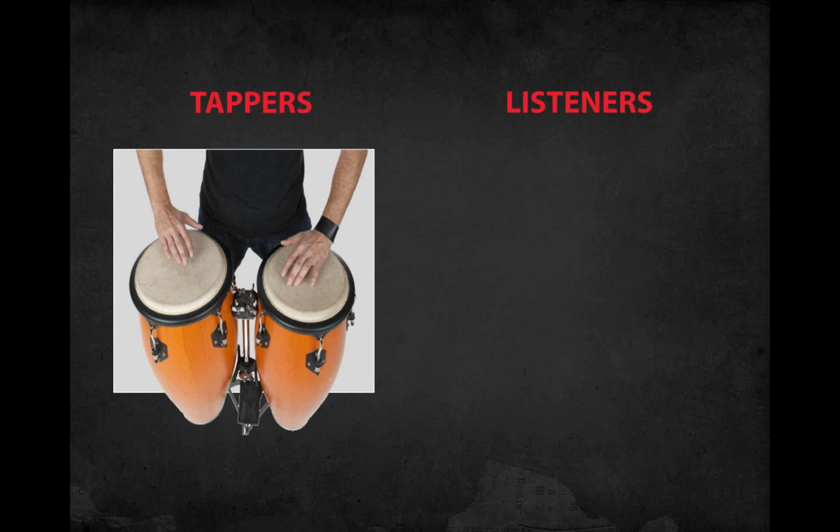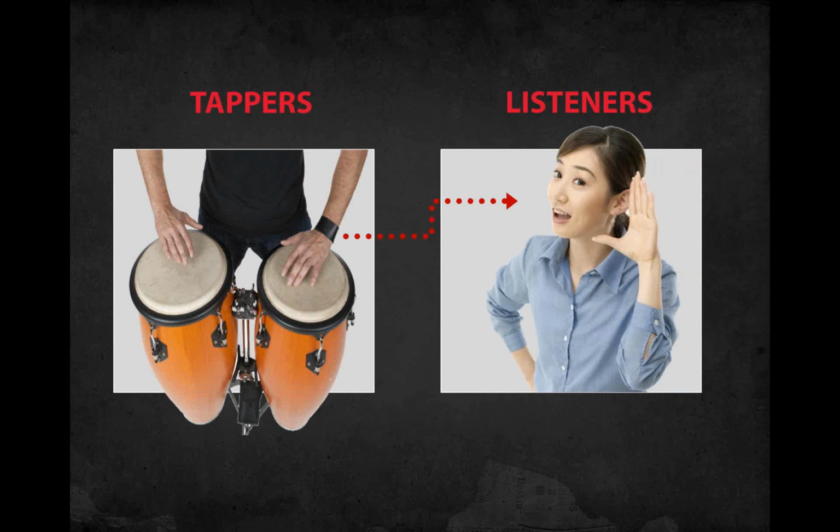And they said, oh, probably about 50% of the time. The listeners will probably be able to figure it out 50% of the time. Well, it turned out that the listeners only guessed the correct song 2% of the time, only 2% of the time. And the reason was the tappers were singing the song in their own mind, and the listeners couldn't hear it. In a lot of ways, that's our situation as instructional designers, learning professionals, any kind of communicator.